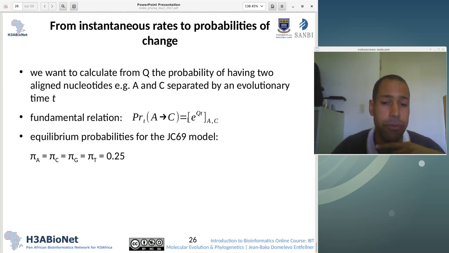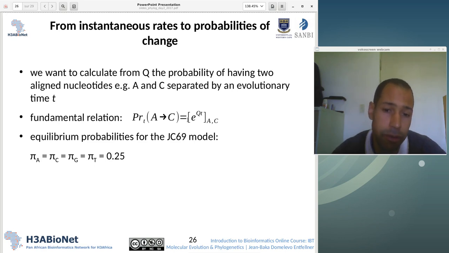This is a key operation in all software of phylogenetic reconstruction, because these software spend their time calculating those kinds of probabilities to calculate the probability of a tree or the likelihood of a model.